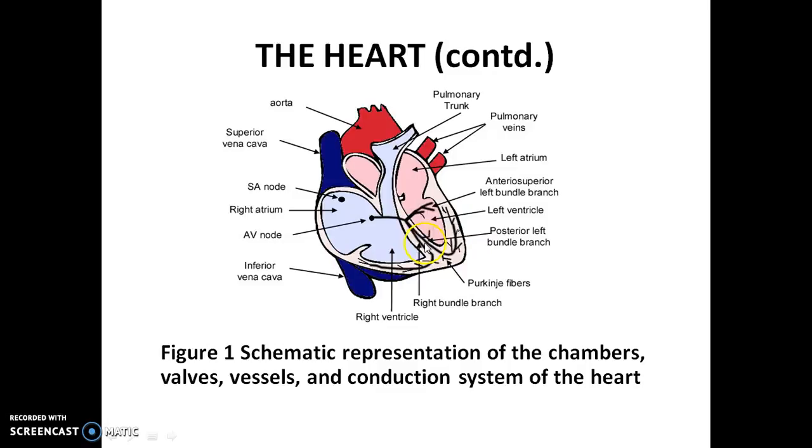They are like wires. They carry the current from the AV node to the ventricles. So from the SA node, both atria get current for contraction, and from the AV node, the ventricles get current for pumping. This is how the electrical activity is taking place.